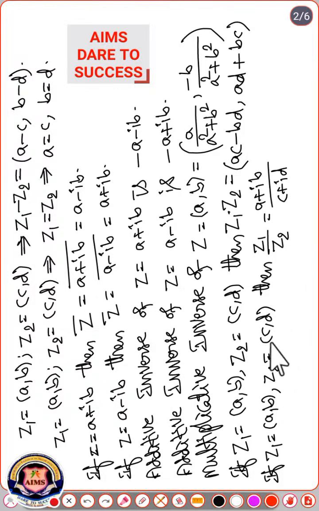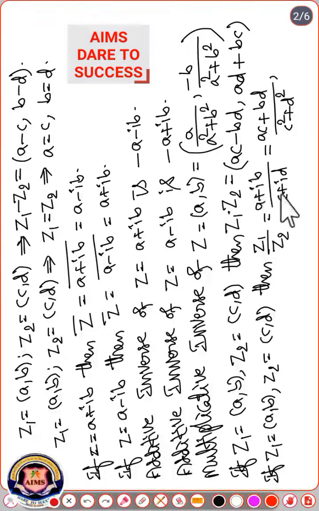A comma B is A plus iB, C comma D is C plus iD. If you have it like this, you can use the division concept. Here, real part to real part multiplication, then plus imaginary part to imaginary part multiplication, divided by the denominator value's square, that is C square plus D square, then keep comma.